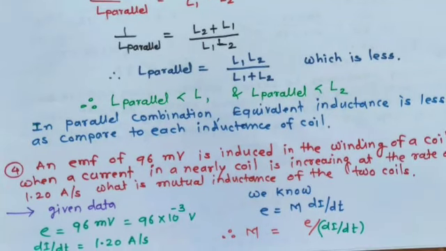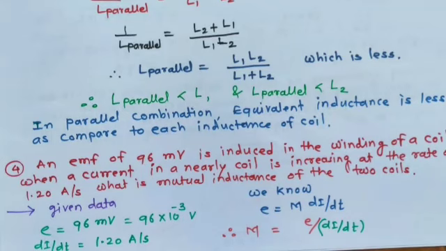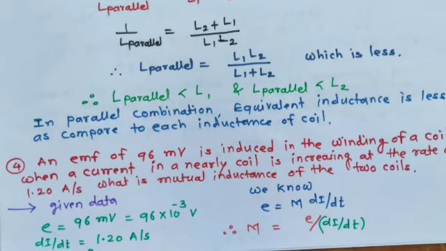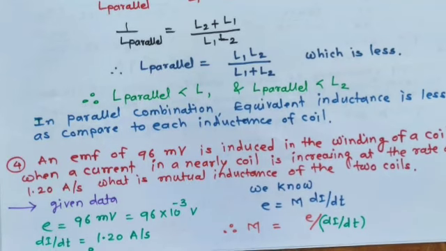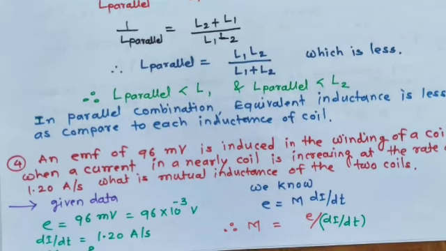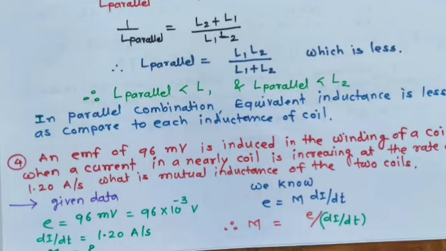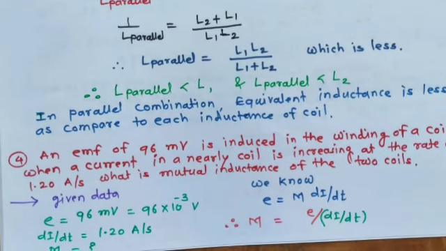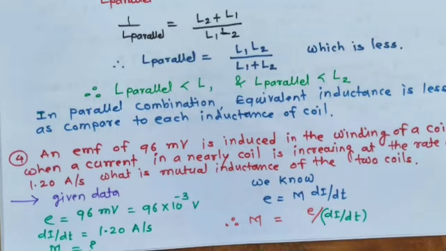Here, given data: E equals 96 millivolt, that is 96 into 10 raised to minus 3 volt. di upon dt is 1.20 ampere per second, and M can be calculated.